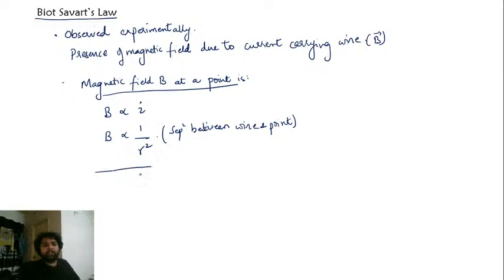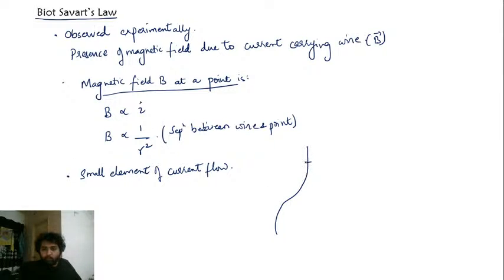Before we go further, Biot and Savart observed this only for a particular small element of current flow. If a wire has current flowing through it like this, you only take a small element of length dl, with current I flowing through it.